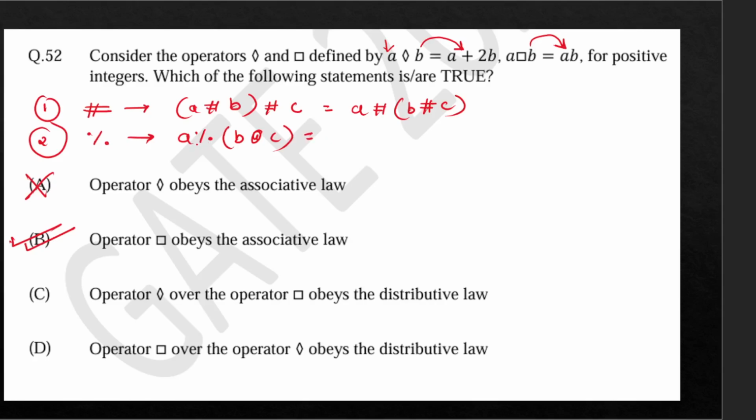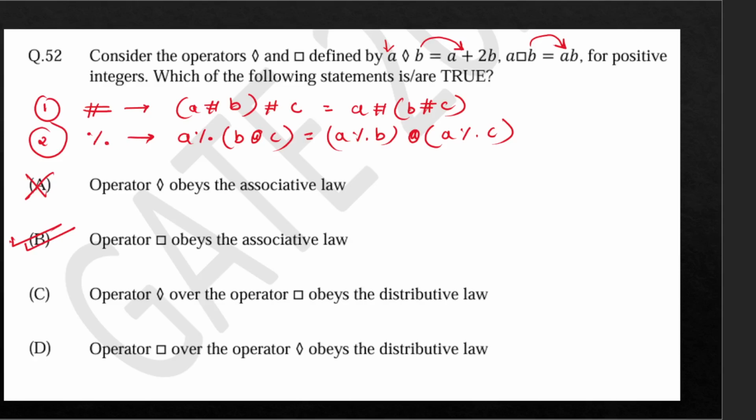Now this a will be with b, and the @ will be in the middle, and in the other one it will be with c. Now I will write it. It will be (a % b) @ (a % c). The @ is now in the middle because it is distributed. This is the distributive law.